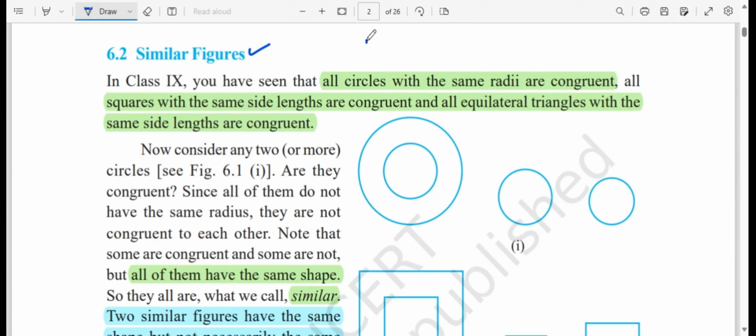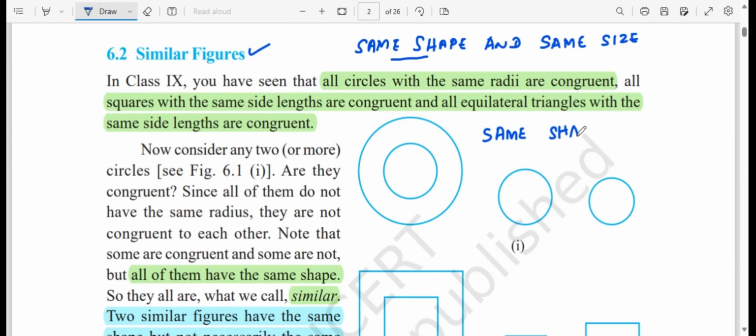Congruent means it will have the same shape and the same size, whereas similar means it will have the same shape but not necessarily the same size.